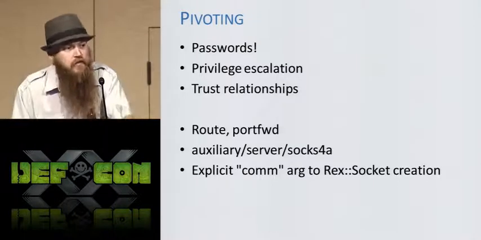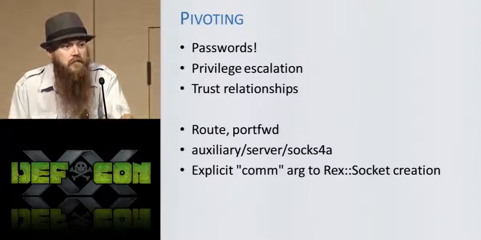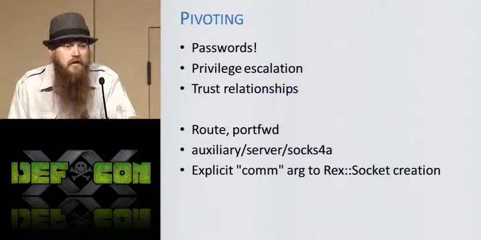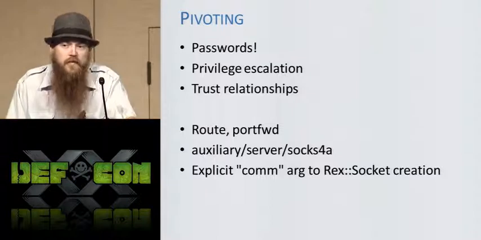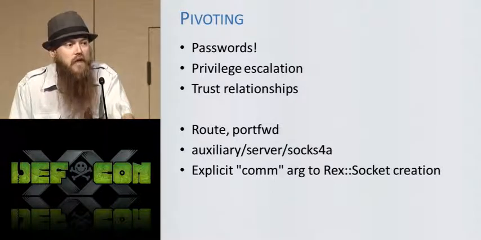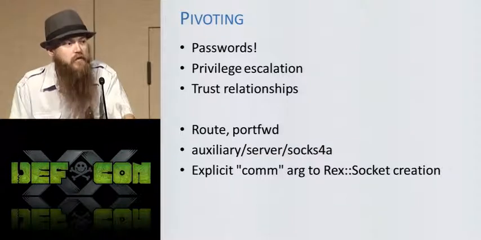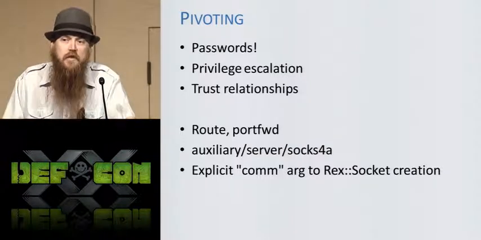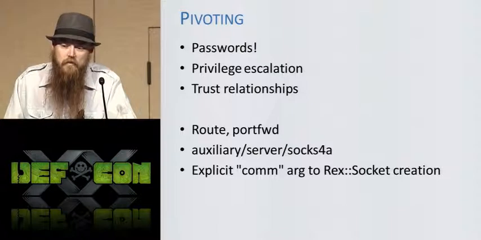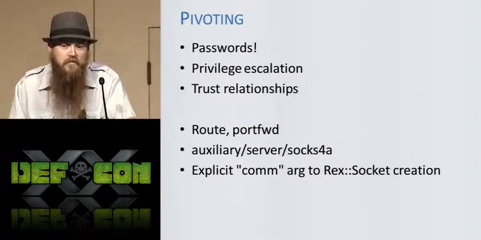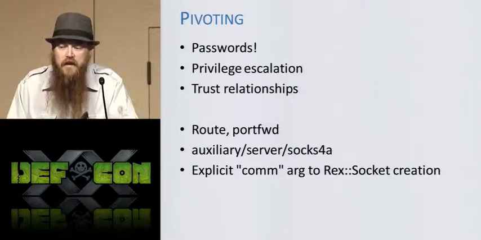There's not a whole lot of use of this yet. It's a relatively little known feature, but it's very, very cool. And I think it'll be super important for post modules in the future. I think one of the best things about Metasploit is being able to create new sockets on the other side.